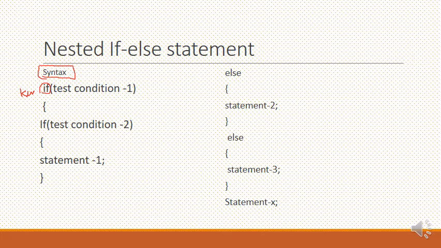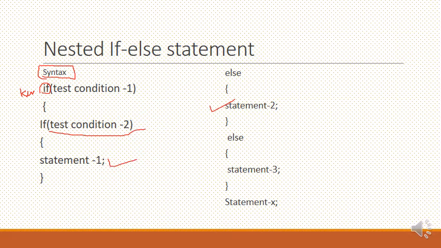If test condition 2. If both the conditions are true, it is going to execute statement 1. Else it is going to execute statement 2. Which else is it? It is the inner block else. If both the conditions are true, it is going to execute this. If this condition is false, it is going to execute statement 2.